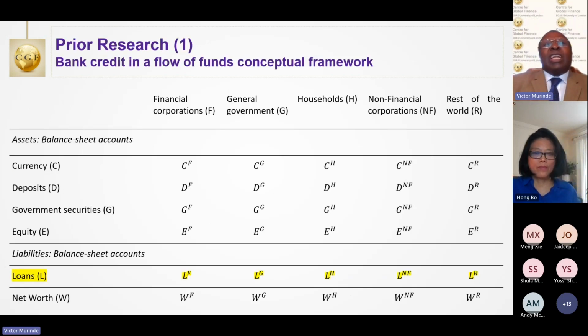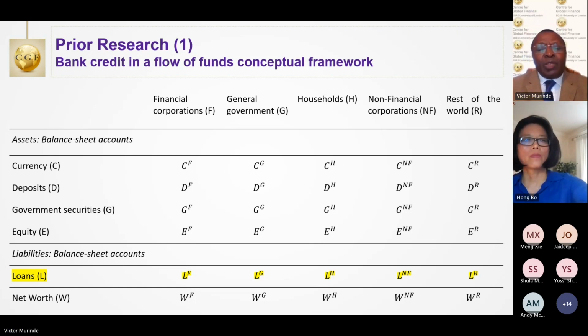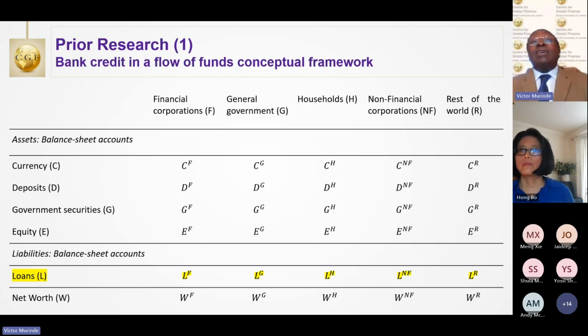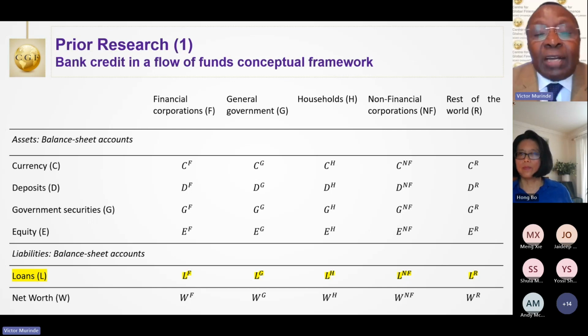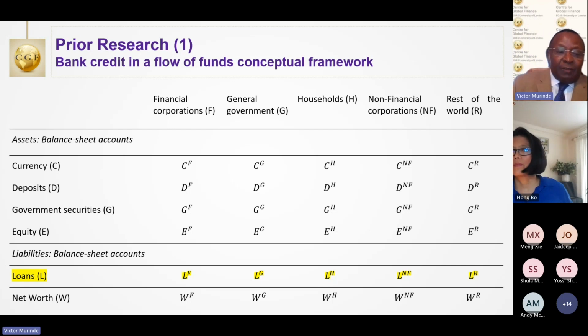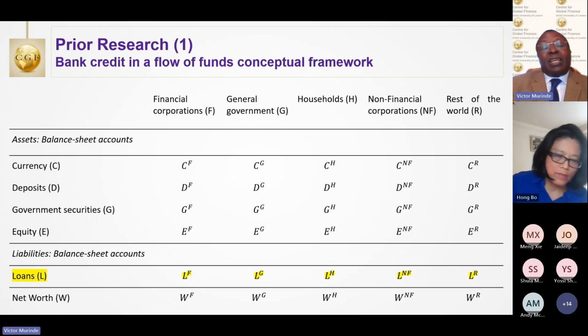But maybe we need to consider the issue in terms of where we are now with research in this particular area. Now, this paper builds on the financial economics tradition, whereby we look at the banking sector as the center of the flow of funds around an economy, and in particular the role of banks in the flow of funds.